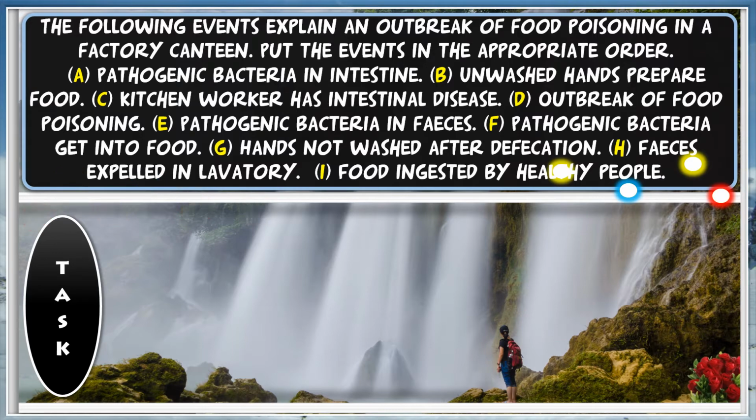D. Outbreak of food poisoning. E. Pathogenic bacteria in feces. F. Pathogenic bacteria get into food. G. Hands not washed after defecation. H. Feces expelled in lavatory. I. Food ingested by healthy people.